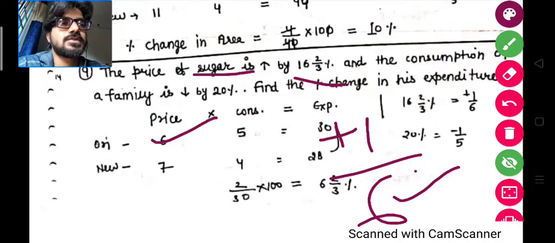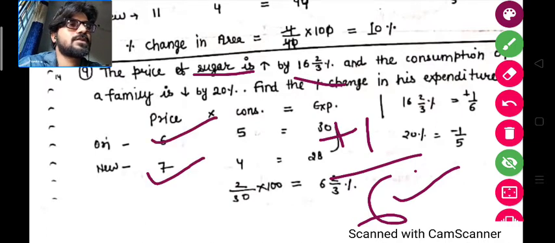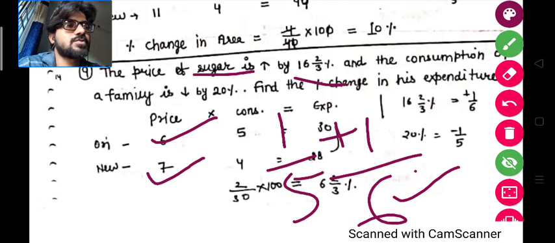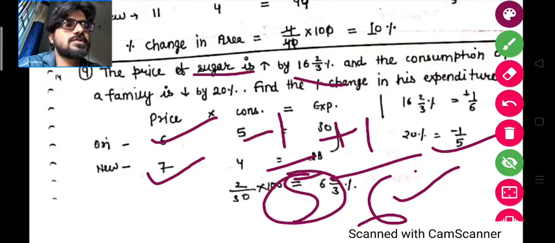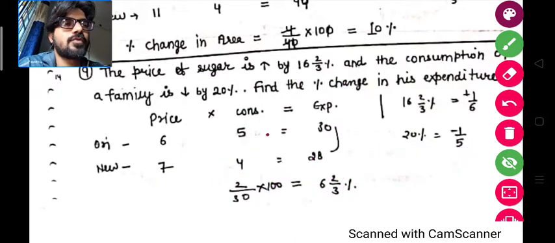So the price is increased from 6 rupees to 7 rupees, and it is stated that consumption is decreased by the family by 20%. 20% is 1 by 5. So earlier it was 5 and then it is decreased by 1, to 4.